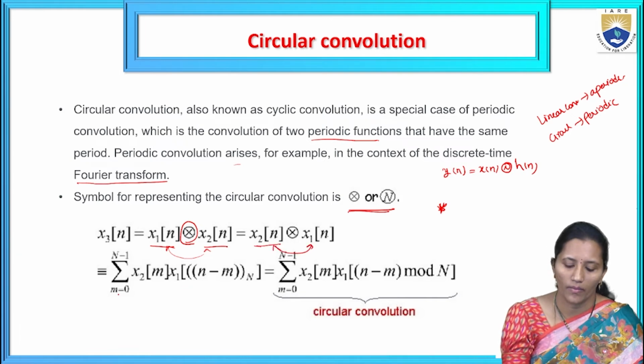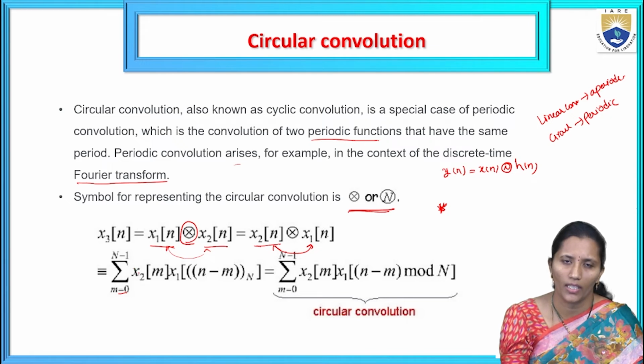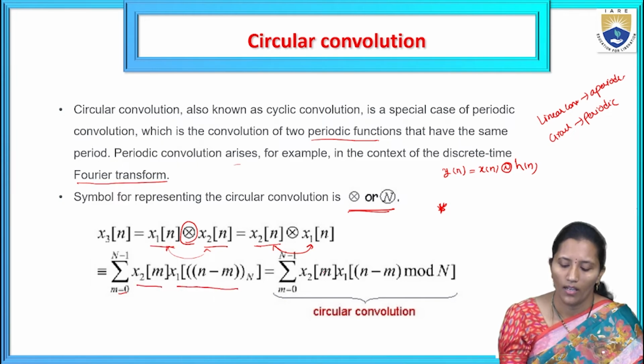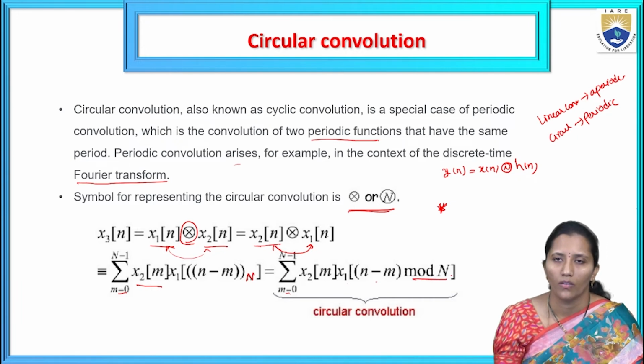The formula is the sum for m equal to 0 to n minus 1. It is a periodic signal, so we are taking a finite number of samples, 0 to n minus 1, of x2 of m into x1 of n minus m modulo n. This modulo n can also be written as mod n. This is the formula for circular convolution.